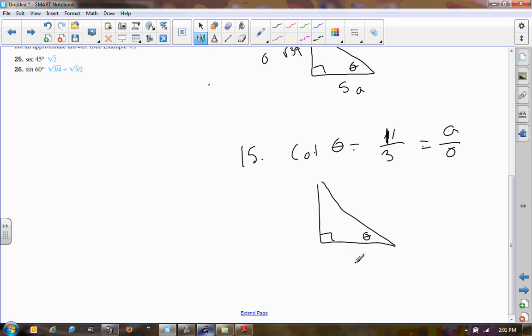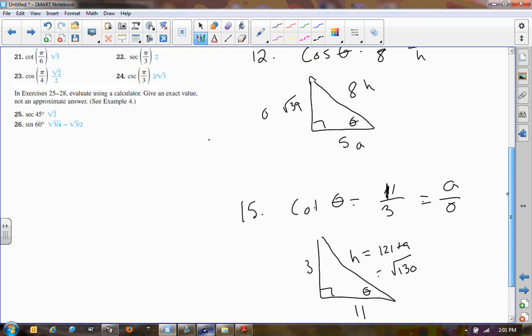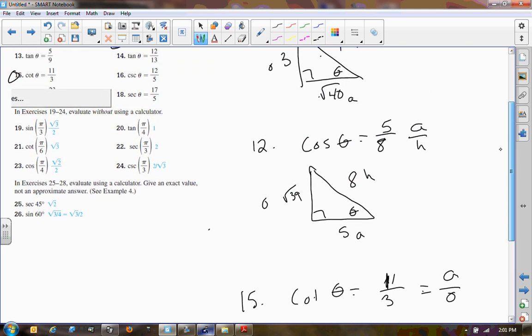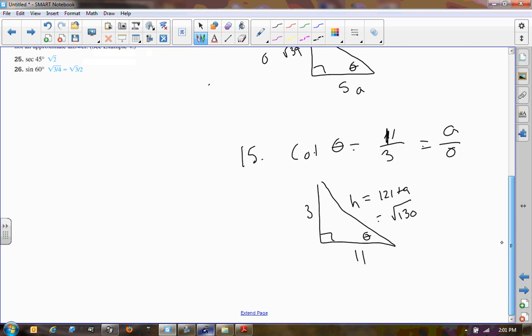A is 11 over here. Oh, that's 3 over there. Hypotenuse, I don't know. I know it's 11 squared, 121, plus 9, which is square root of 130. Fill in the rest. Get the idea? Secant, same thing, number 18.